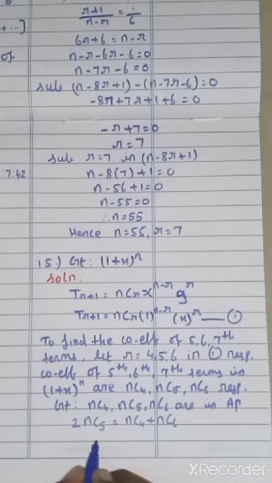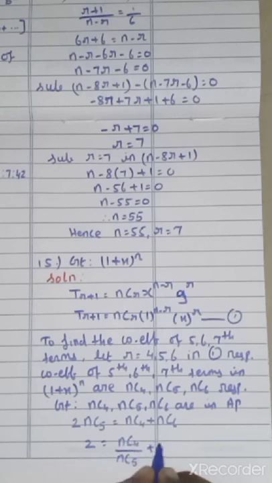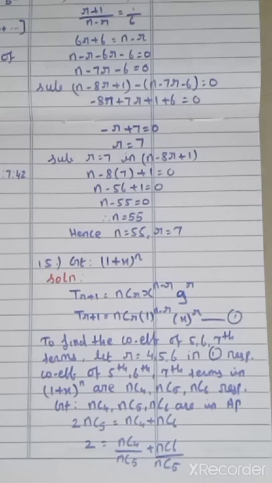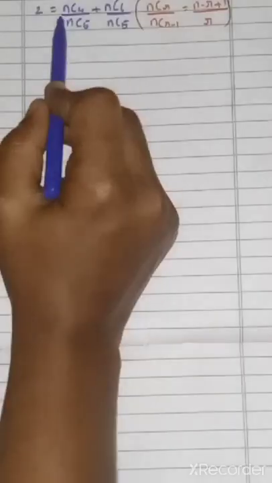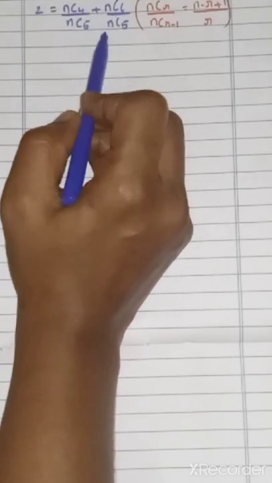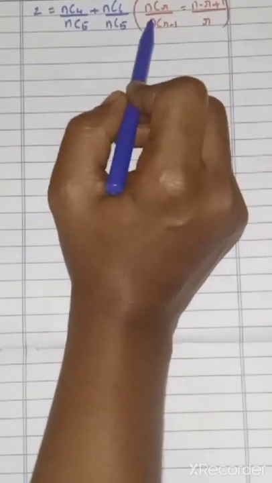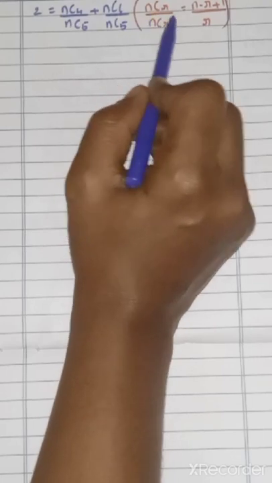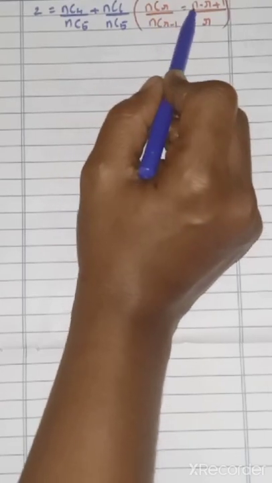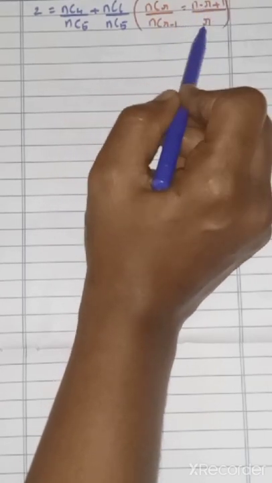Now, taking nC5 to that side, you will get nC4 by nC5 plus nC6 by nC5 equals 2. We have a property that nCr by nC(r minus 1) equals (n minus r plus 1) by r.